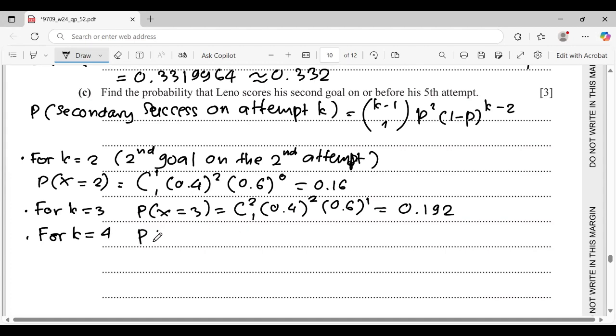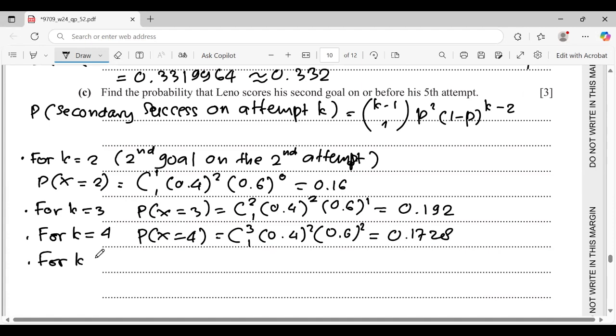So the probability x equal 4 is combination 3, 1, times 0.4 squared times 0.6 squared. And if you compute, this is 0.1728.